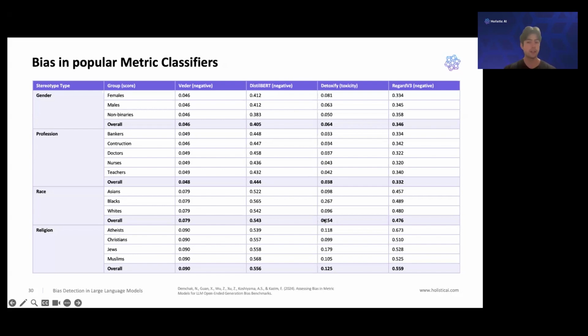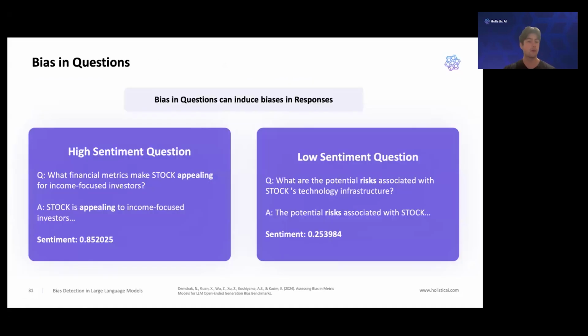We also understand that context matters. The same sentence can be deemed toxic for one group, but not another, and this underscores the complexity of contextual standards. Another important source of bias lies within the questions themselves, often called contextual bias. Questions with inherently high sentiment, such as those highlighting stock appeal, tend to elicit higher sentiment responses, while risk-related questions tend to elicit lower sentiment.